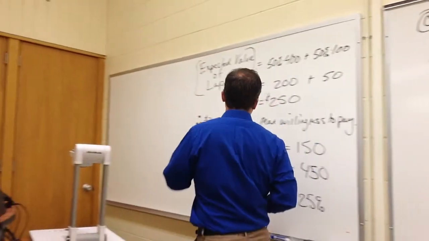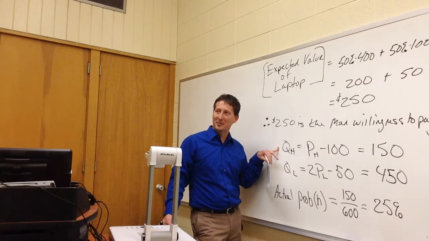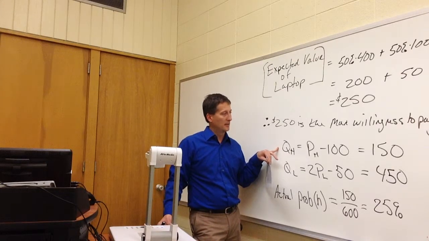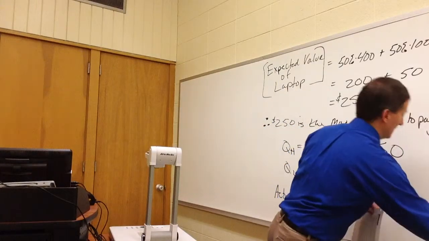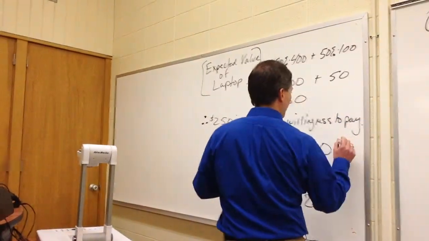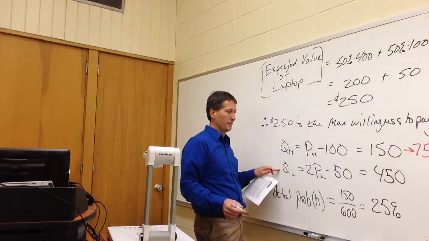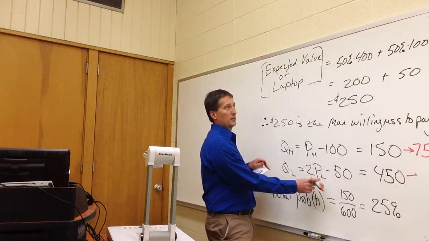Now, what happens as prices fall? Let's go through a bit of an iterative process to make a further long-run prediction. What does the new quantity of high quality end up being when sellers can only expect to get 175? 75. So if this number falls to 75, 150 dropping to 75, and the low, 175 times 2, 350 minus 50, that's 300.